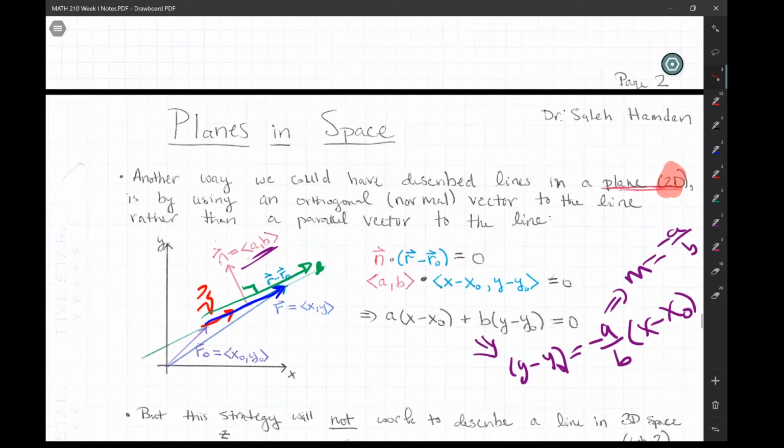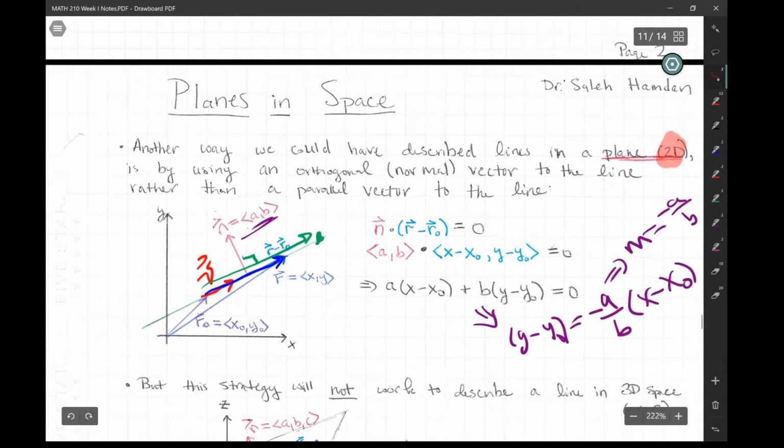Why would this description of a line not work in space? It only works in a plane. So that given the normal vector is not sufficient to describe a line. So pause for a second and try to reason why this wouldn't work in space, in that you wouldn't get a line.